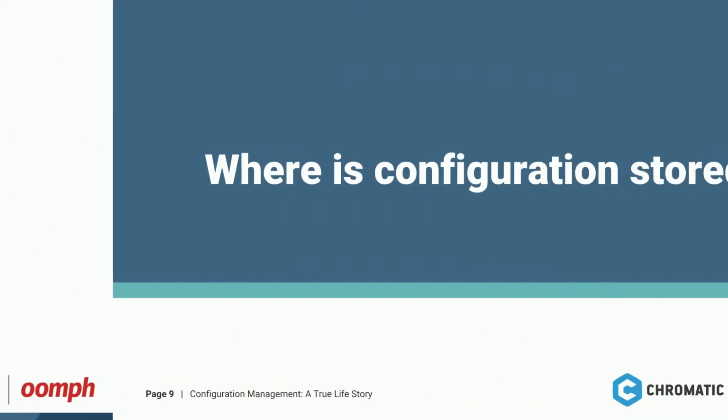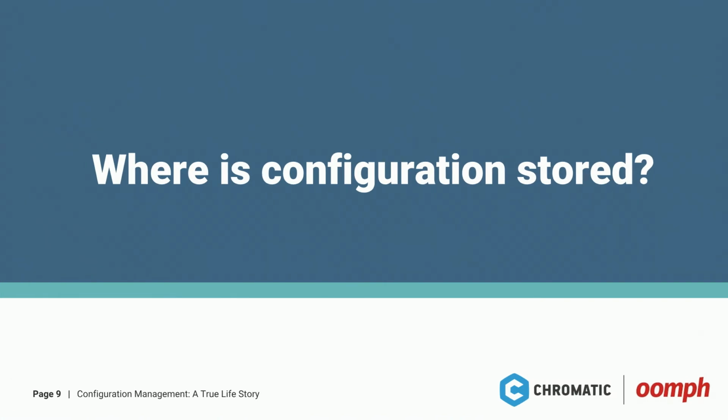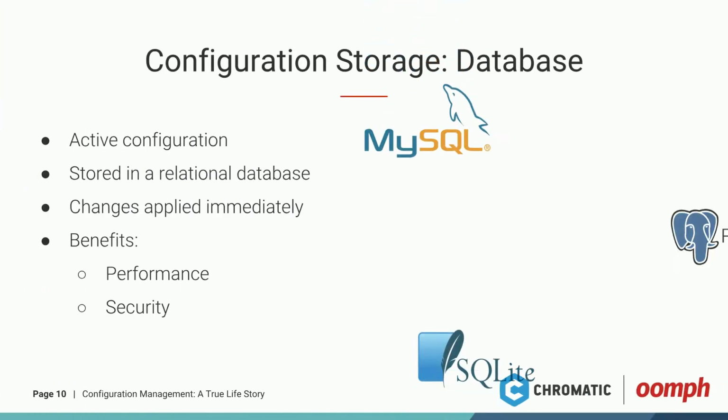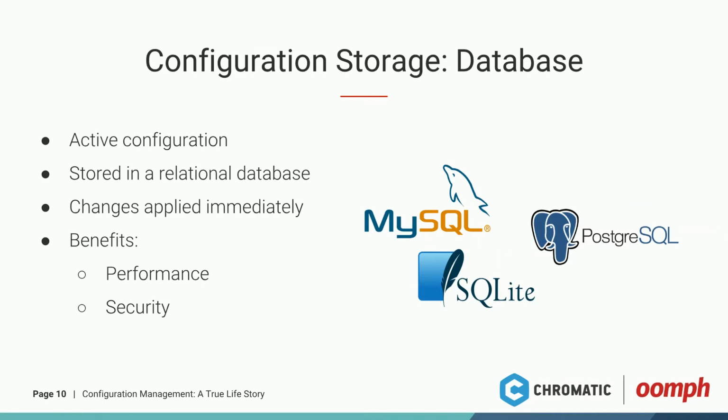So now that we understand what is configuration, what isn't, let's talk about where it's stored. So configuration stored in the database is considered the active configuration. This is stored in the database because relational databases are fast, much faster than just the file system.